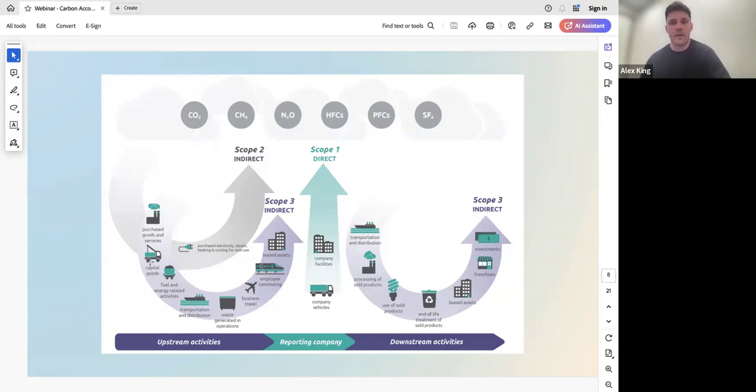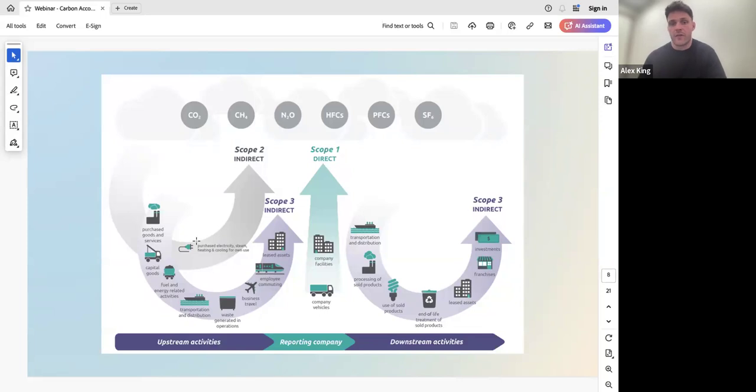A lot of the time you'll hear solutions or reduction strategies focused around scope 2, because for scope 1, if you want to reduce the fuel consumed by your business, you need to either make a pretty large capital investment and move into an EV, electric vehicle, or you need to be looking at a hybrid or more energy efficient car. Scope 2, however, the consumption of your electricity, that's something that can be changed quite easily.